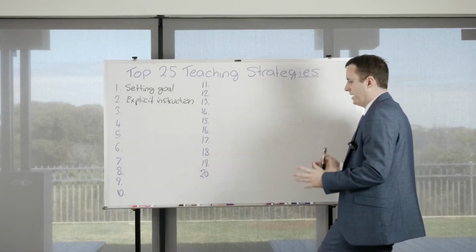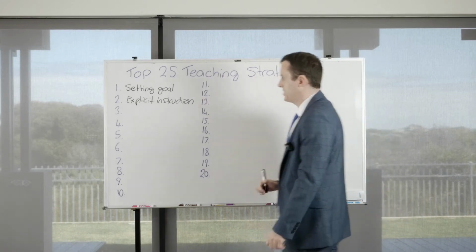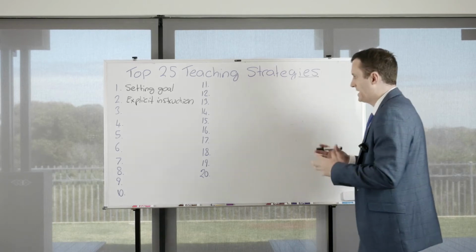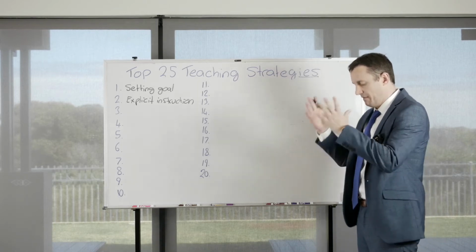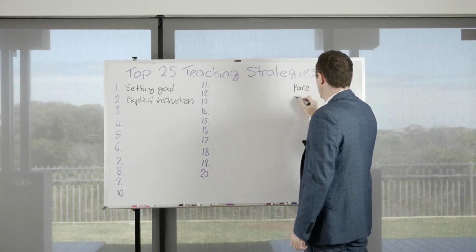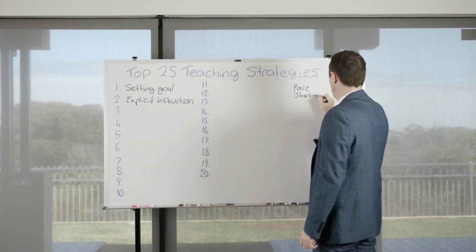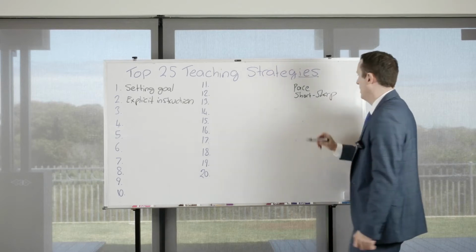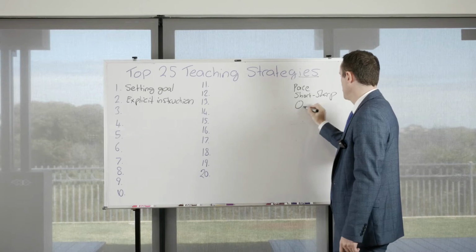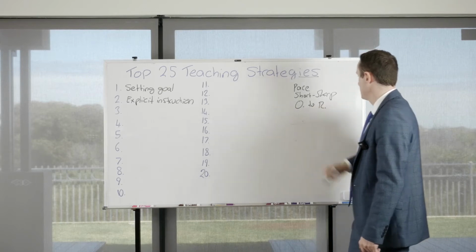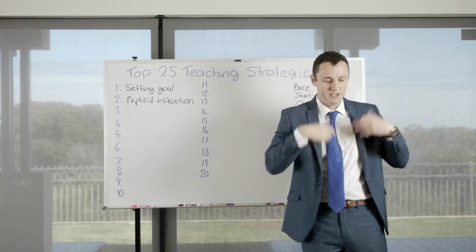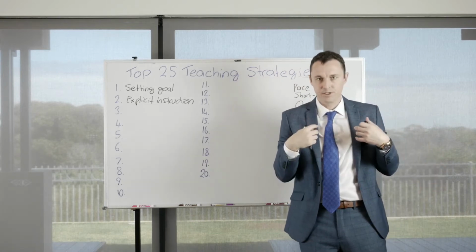Now, I like to liken explicit instruction to just good old-fashioned teaching. It basically involves very highly structured lessons, so you've got things like pace, short, sharp activities, lots of momentum, lots of opportunities to respond, which means basically the teacher's asking lots of questions and the students will respond really quickly.